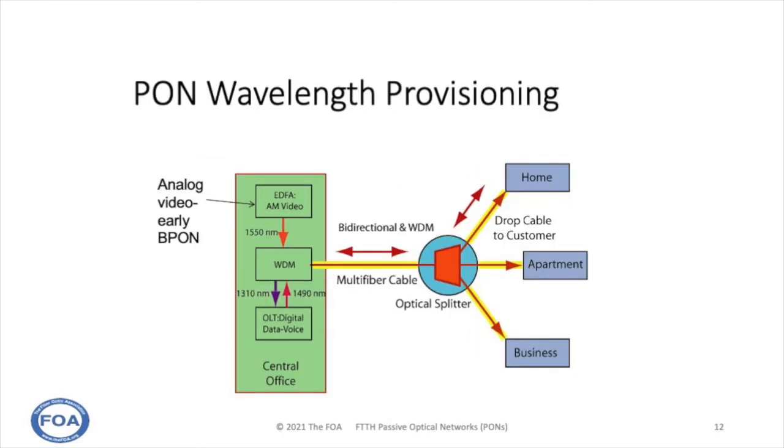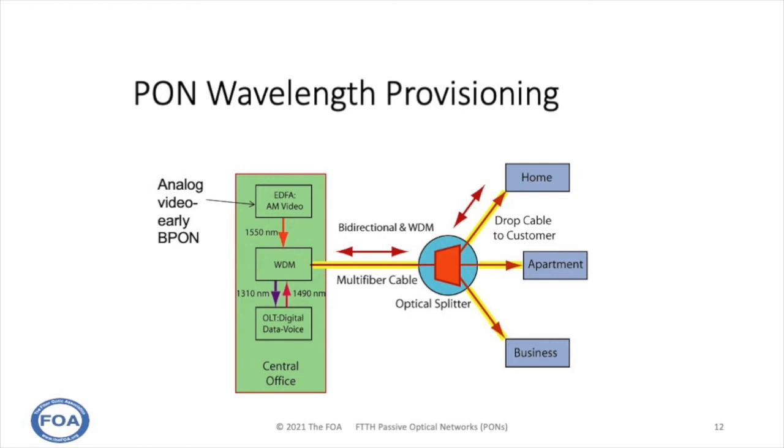PON wavelengths have also been standardized, and we'll use the GPON and BPON versions to show you what's typical. Each fiber is used bidirectionally, remember? The splitter allows us to split and combine signals so that we go bidirectional on a single fiber, standard G.652 single mode fiber. Downstream signals are sent at 1490 nanometers and upstream at 1310 nanometers.